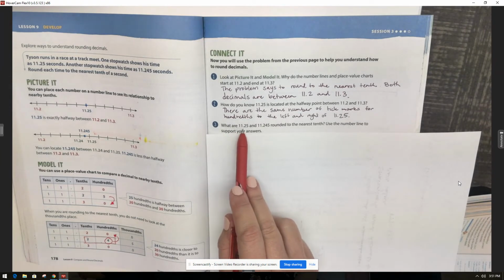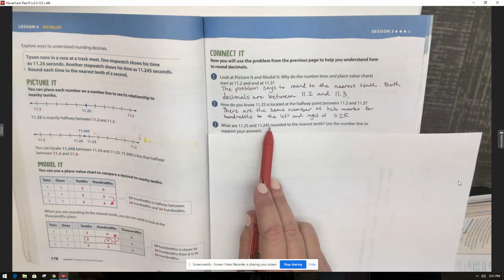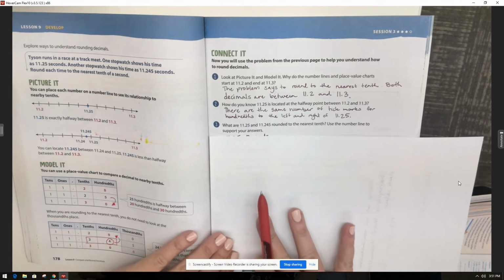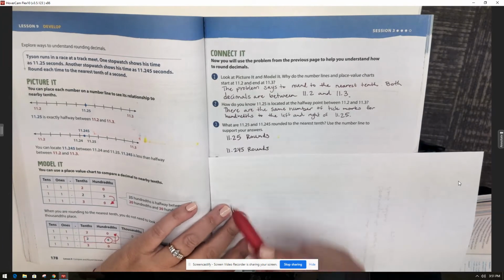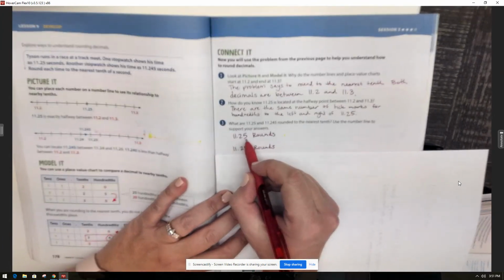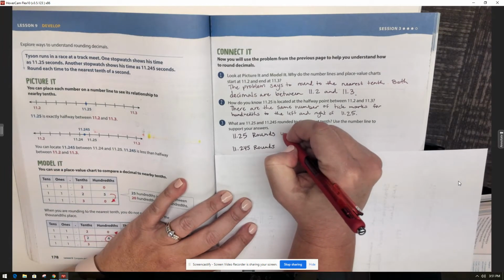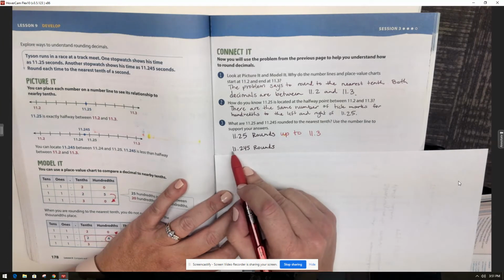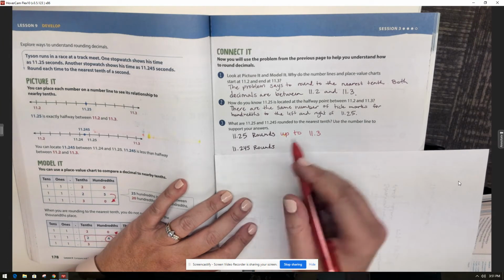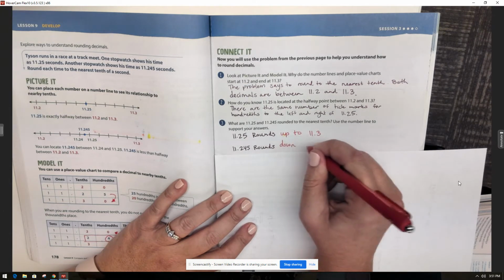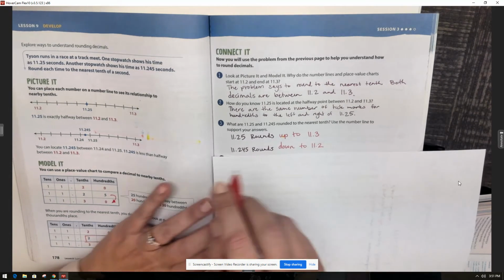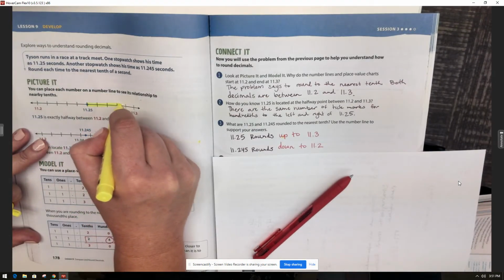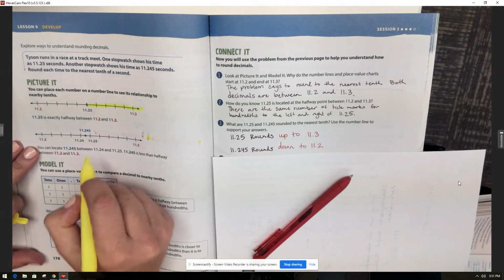What are 11 and 25 hundredths and 11 and 245 thousandths rounded to the nearest tenth? Use the number line to support your answer. So, as we wrote on the last page, we recognize that 11 and 25 hundredths rounds up to 11 and 3/10, and 11 and 245 thousandths rounds down to 11 and 2/10, because we recognize that 11 and 25 hundredths is exactly halfway, so we're going to round it up.